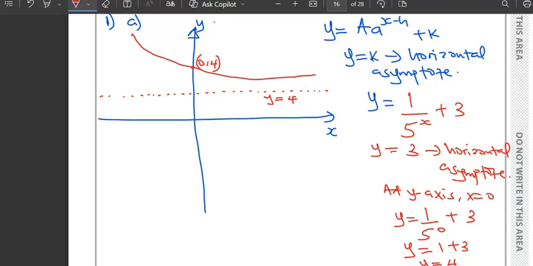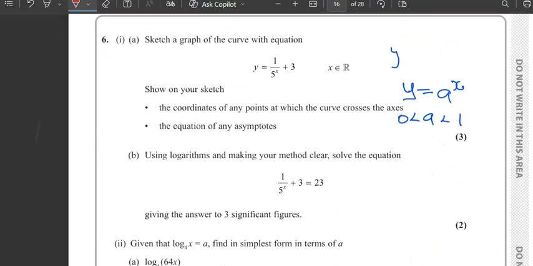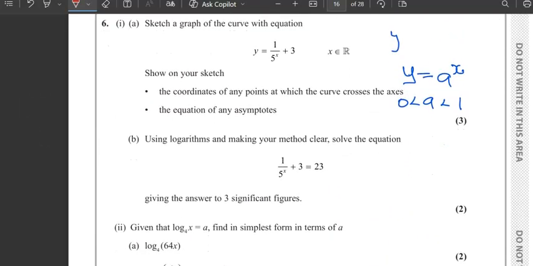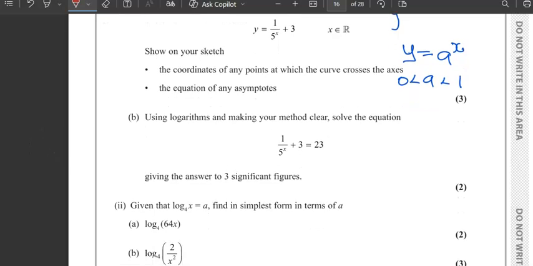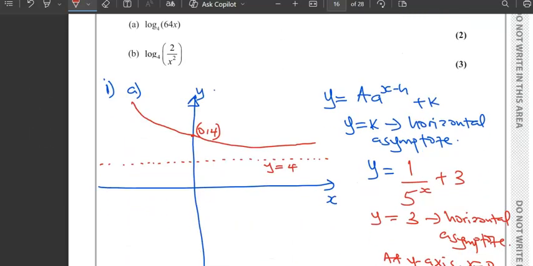We can consider Roman 2, or rather part B of Roman 1. Part B says that using logarithms and making your method clear, solve the equation (1/5)^x plus 3 equals 23 and give the answer to 3 significant figures.